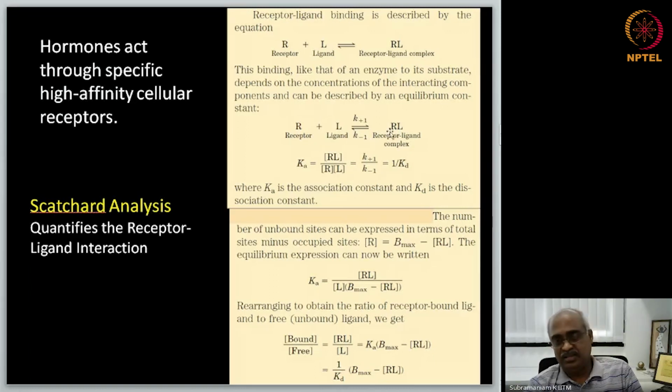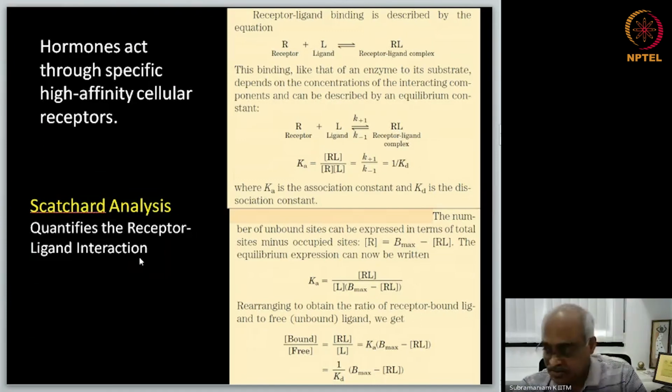And similarly, the breakdown, if you say R minus 1, will be proportional to RL and equal to K minus 1 times RL. And Ka, the equilibrium constant, is the same as CD by AB.